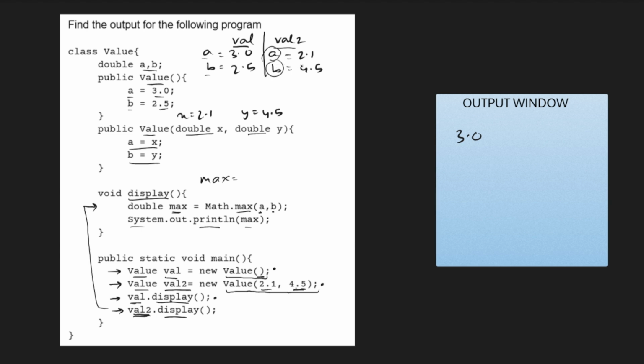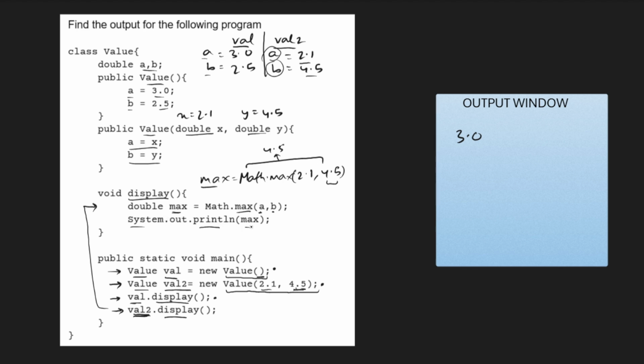We've already initialized a to 2.1 and b to 4.5. So here math.max a comma b is using different values of a and b. I can just rewrite this as math.max 2.1 comma 4.5. 4.5 is larger, so this whole statement is going to return 4.5, and we're going to set the max variable to 4.5.